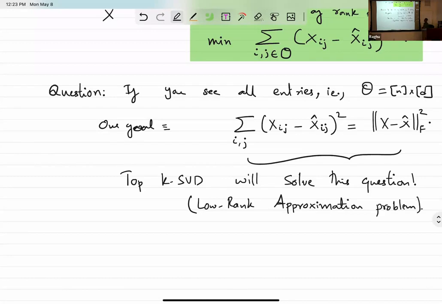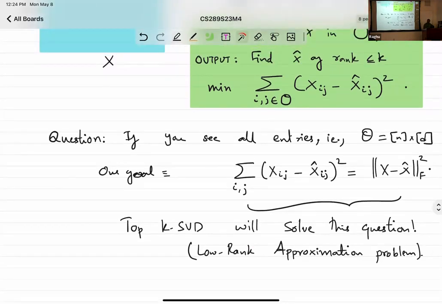Okay, but we don't see everything. I mean, that's the whole point, right? You have a subset of the entries, but is it really that different from knowing all of the entries? How much do you think the problem would change? Minimizing the error over all of the possible entries versus some observed entries? Yeah. Quite a bit.